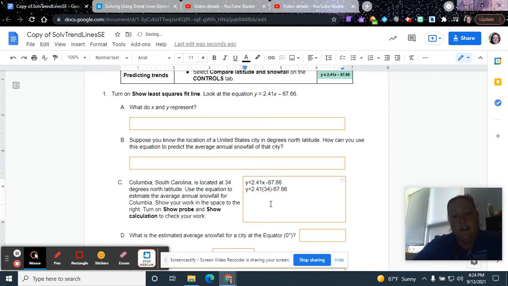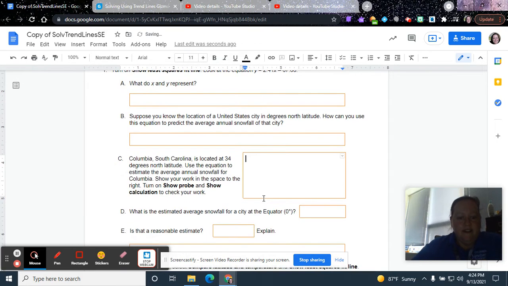Okay, and then you're going to use the order of operations to solve. So you're going to multiply first, so you'll take 2.41 times 34, and then subtract 67.66, and that will give you your answer. I'm going to delete that so it's not there when you start working on this.